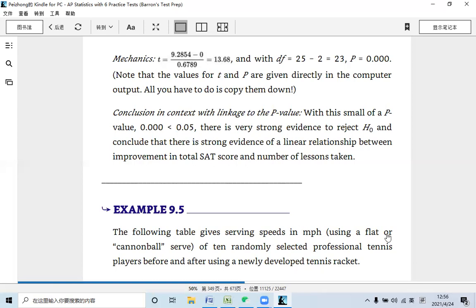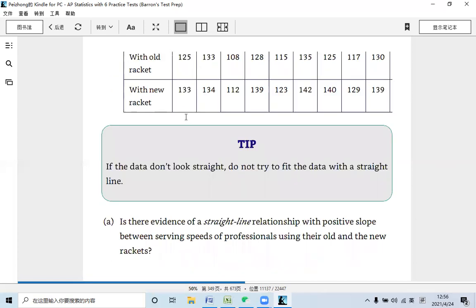Serving speed, 10 random professional tennis players. And they're testing a new tennis racket. All right, old racket, new racket.